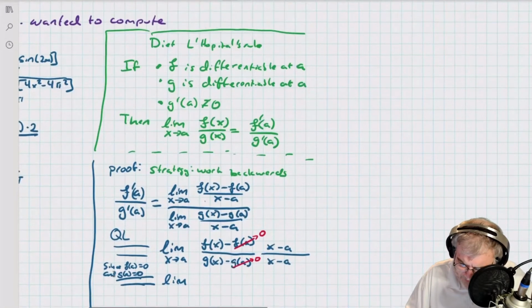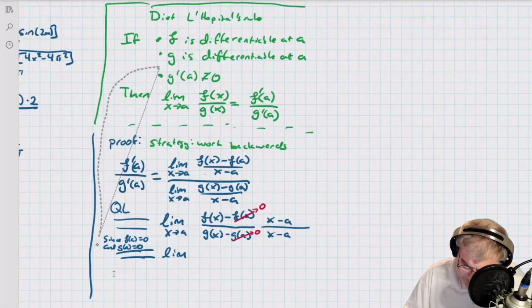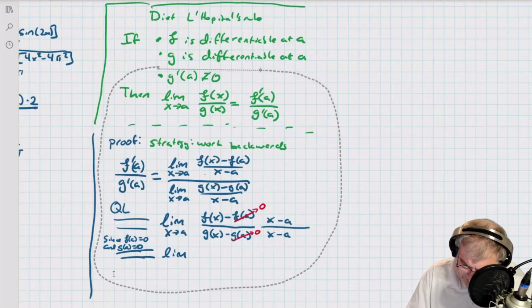My hypothesis was that... Oh, and I didn't write that condition. Oops. Note to self, I need to fix this. Sorry, I forgot to write that they were both... That's kind of the whole point.